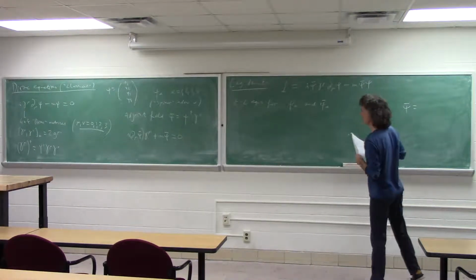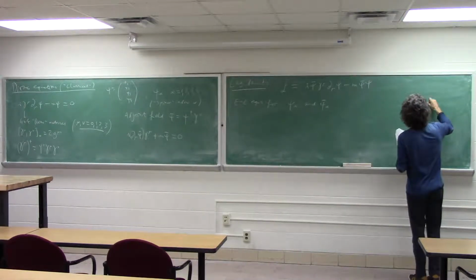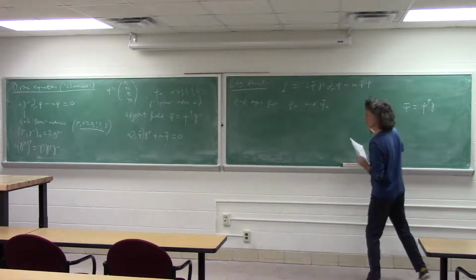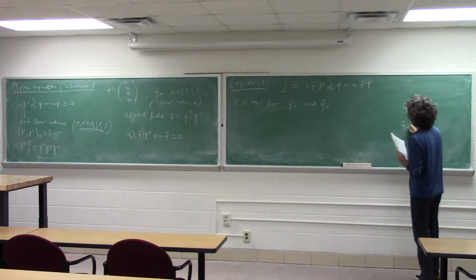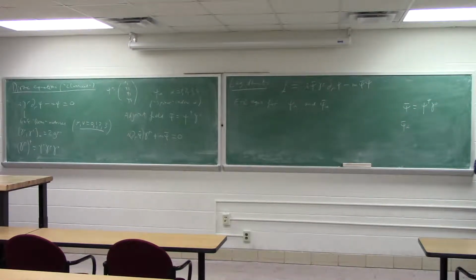So we've defined psi bar to be psi dagger gamma 0. What do we mean by psi bar alpha? Just to make sure no one is confused.